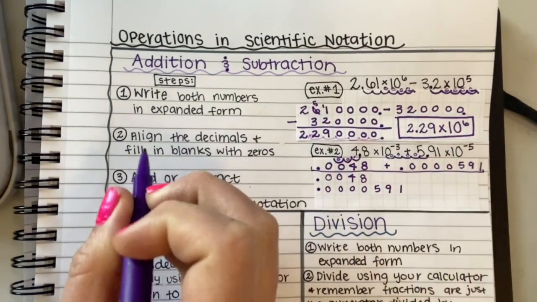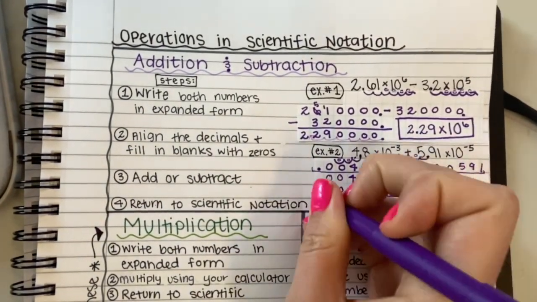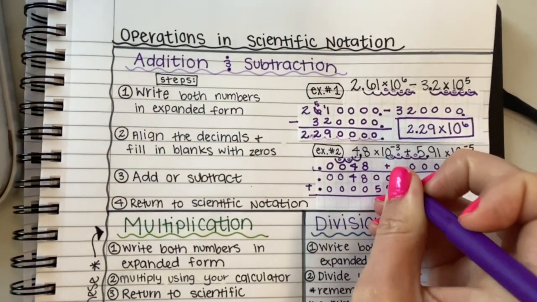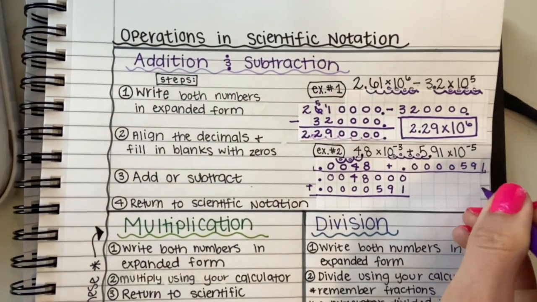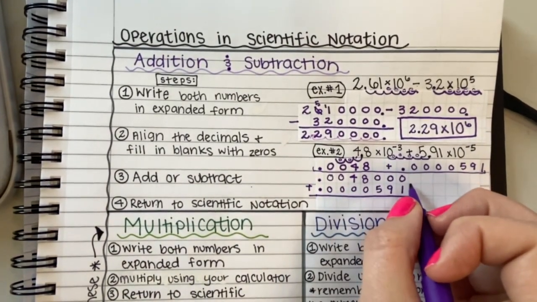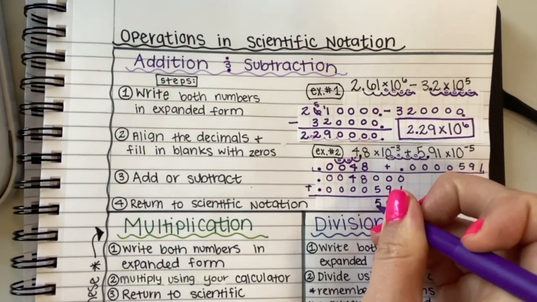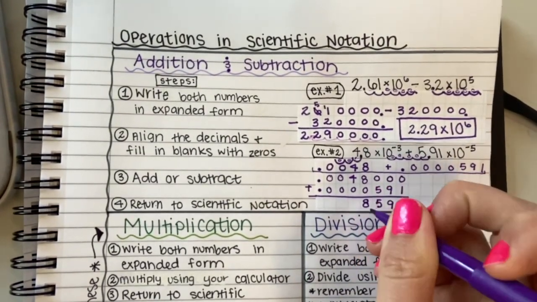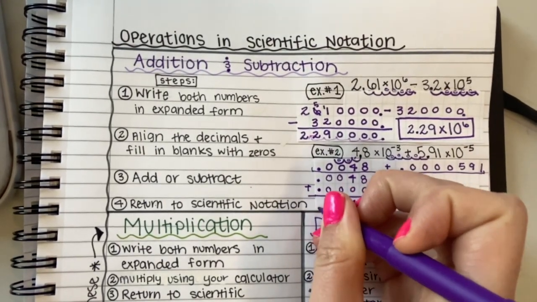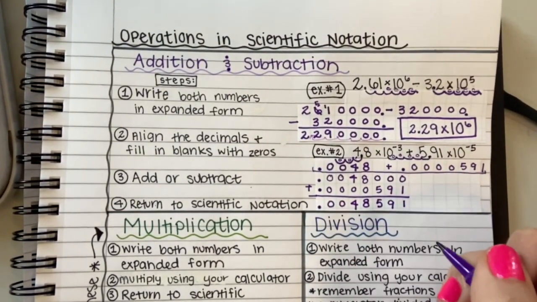The step where we fill in the blanks with zeros is super important for a problem that looks like this, because there are zeros continuing forever after the decimal point. So I need to fill these in with zeros. I get 1, 9, 5, 8, 4, 0, 0, decimal point, because all I did was add down.